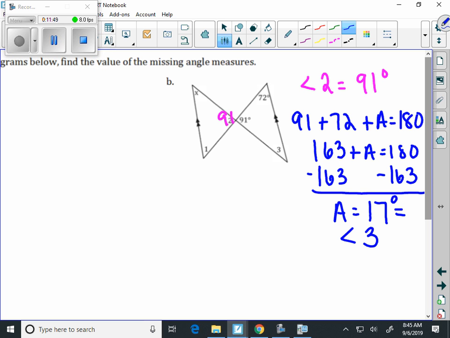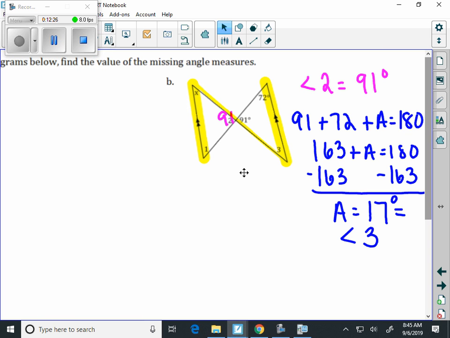But if we look a little bit closer at this picture, what we've got is we've got 2 parallel lines. And let me highlight that. 2 parallel lines here and here, cut by a transversal there.